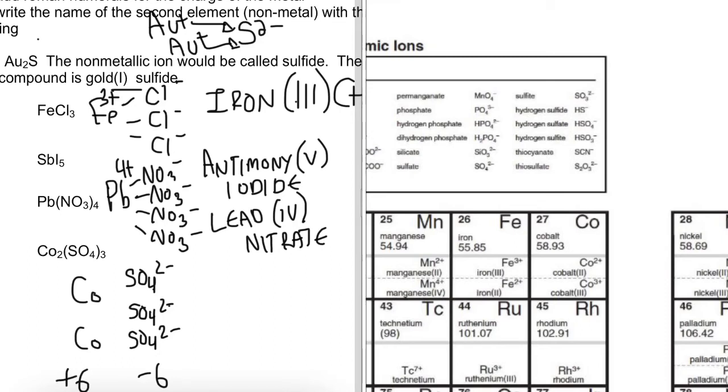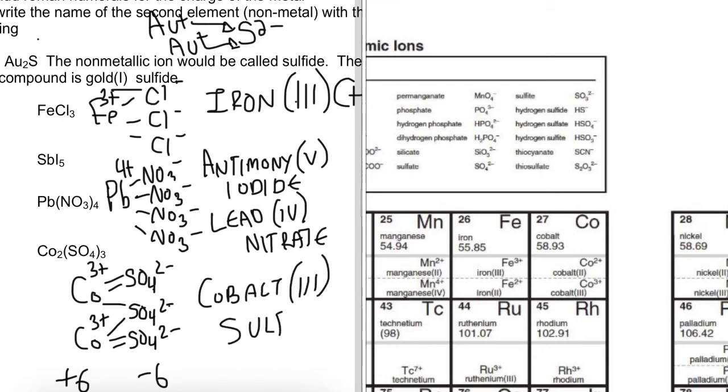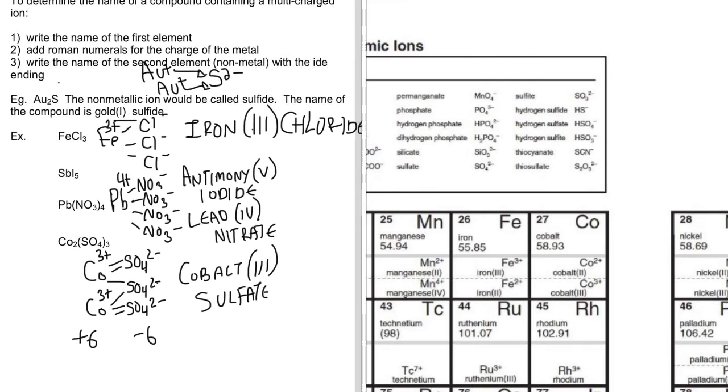You mathematically figure that one out. These are 3 plus and 3 plus. 2 would go there, 1 up, 2 across. That's just transferring electrons. So we have cobalt(III) sulfate. So pretty cool, it's one little extra step that you need to do to figure those out.